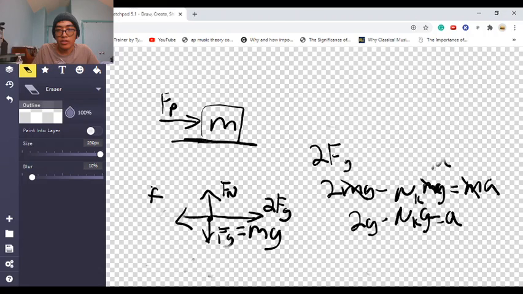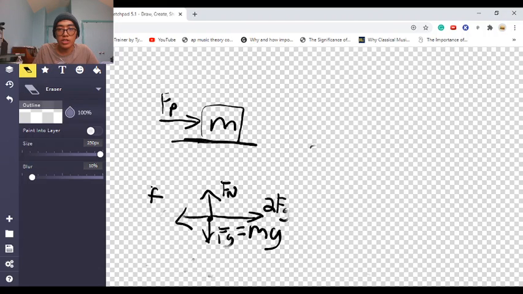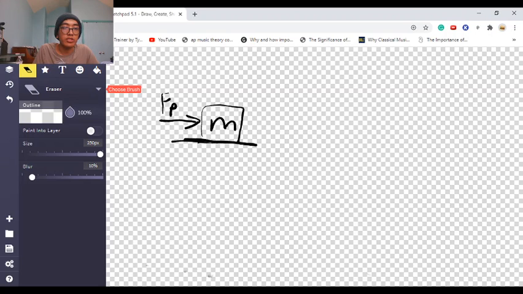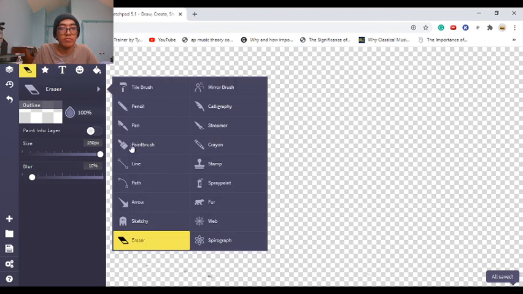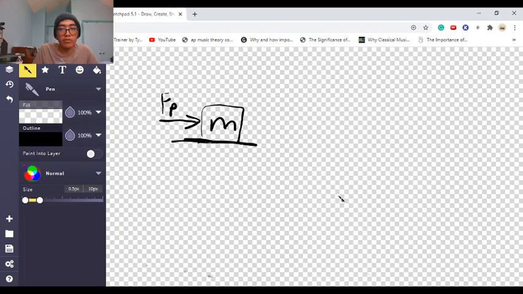Let's erase this part. Now what's going to happen after the push is that the force of the push won't be there anymore, right? And our force body diagram is actually not going to change that much. The only thing that you are removing is the force of the push. So everything else stays the same.